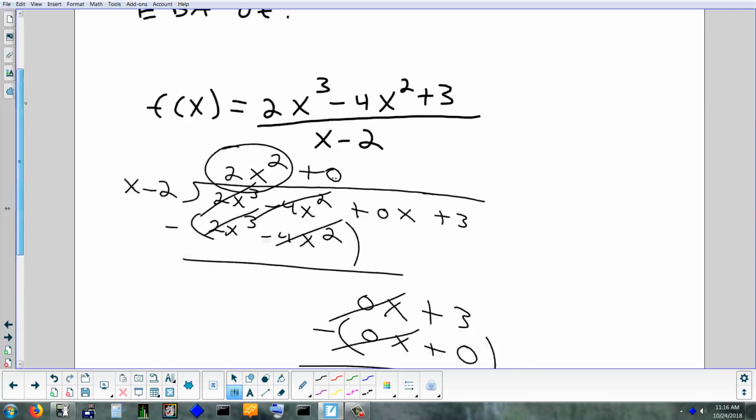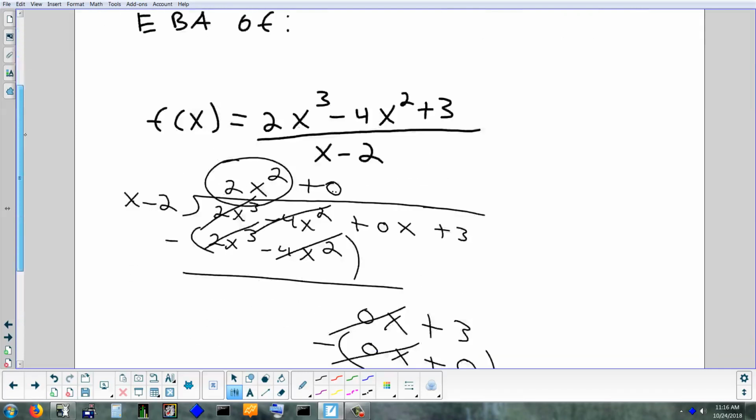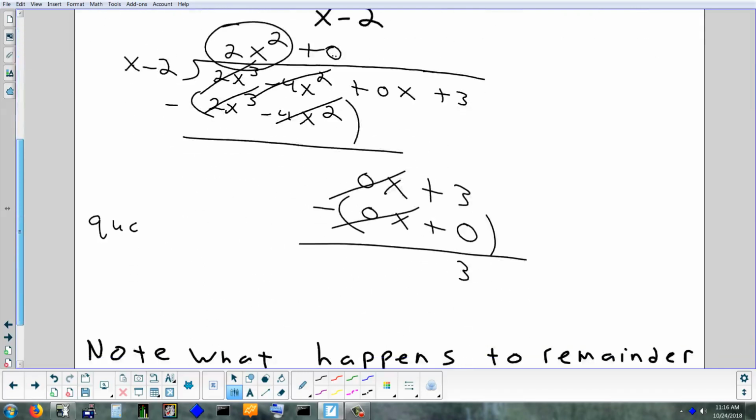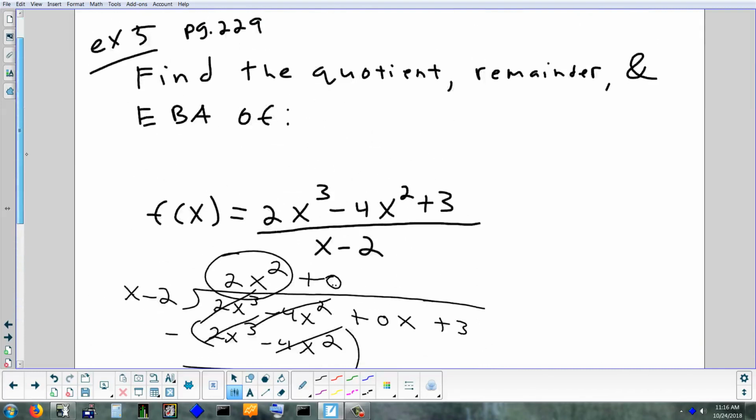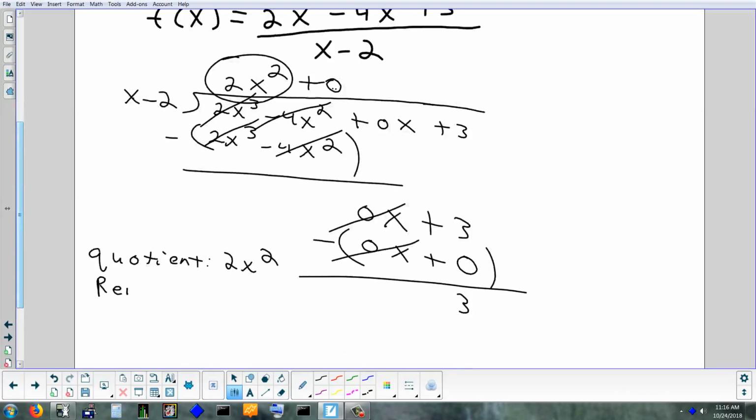All right, so now let's just write down nicely what they wanted. The quotient. What's the quotient here? Yeah. 2x squared. The remainder. So, I said we don't care about the remainder. The problem wanted to know it, but in terms of what's really important in this problem, it's the quotient.